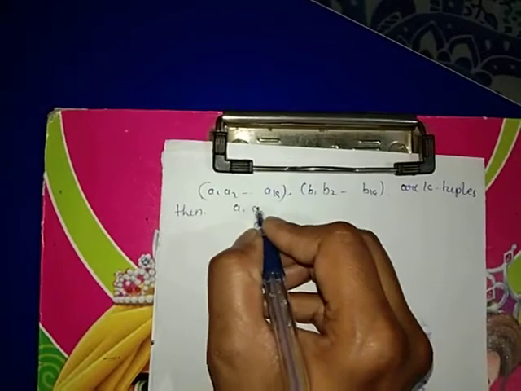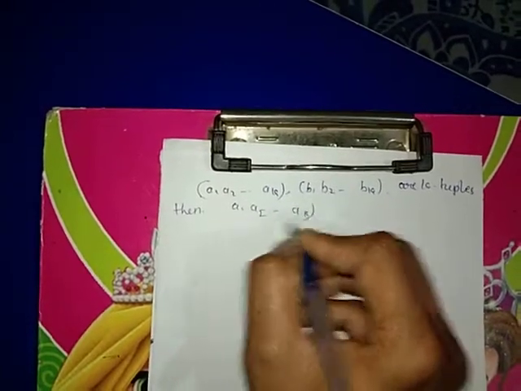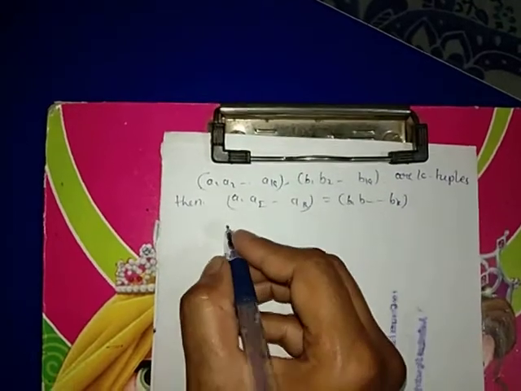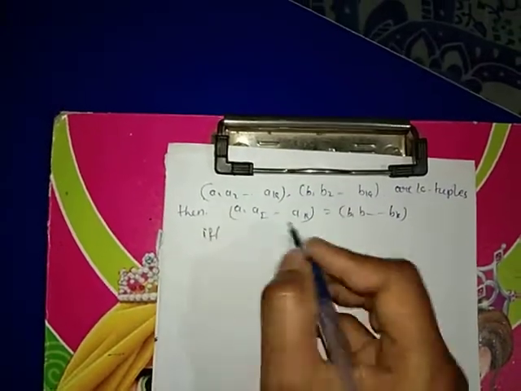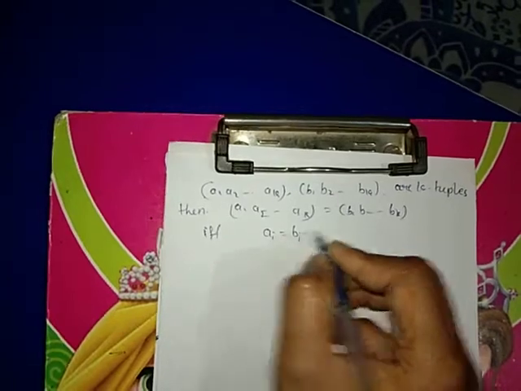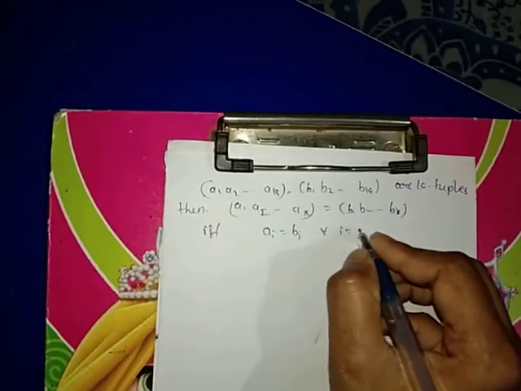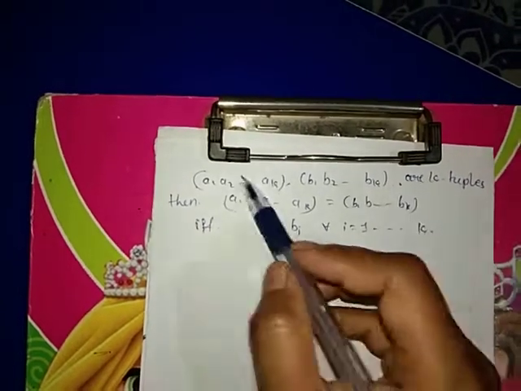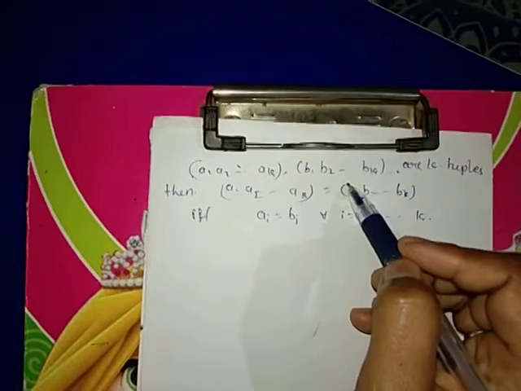Then we say that A1, A2, so on AK is equal to B1, B2, so on BK if and only if AI equals BI for all I equal to 1 to K. Then only we can say that they are equal.